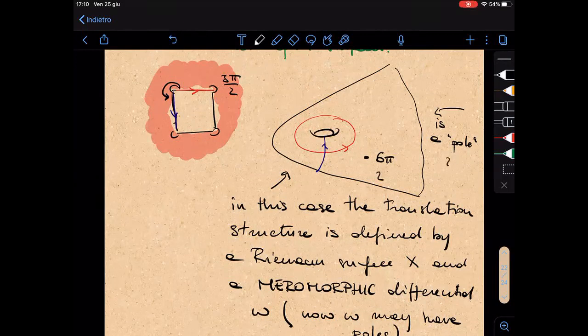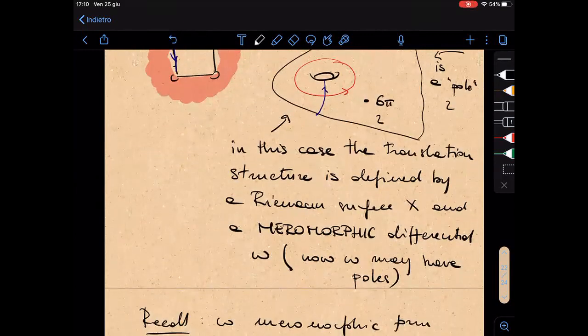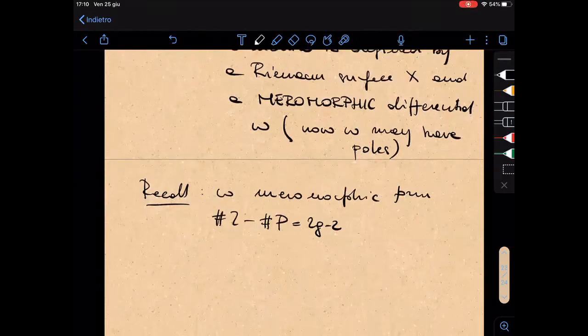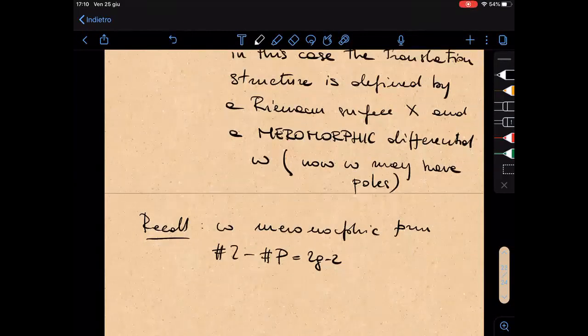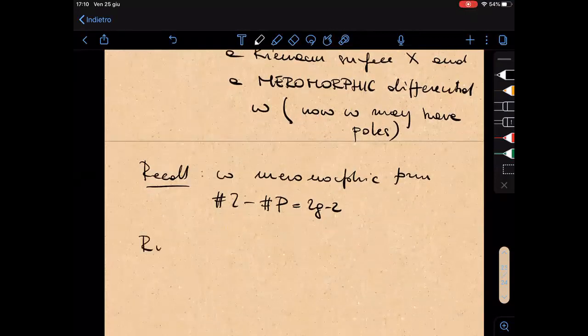It is indeed balanced by a pole of order 2 at infinity, because for the standard form dz on C, the infinity is just a pole of order 2. Well, so what happens here?